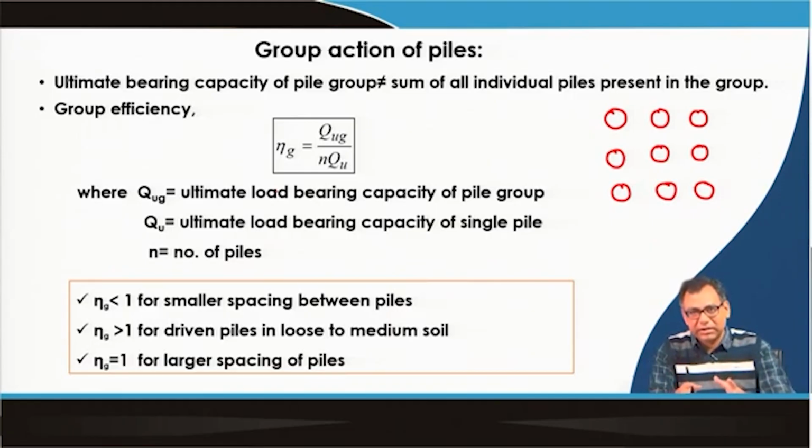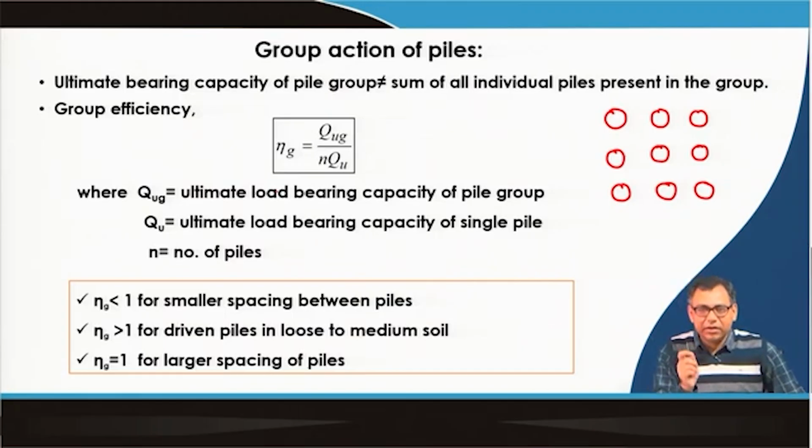There will be more compaction effect because of the surrounding piles and the soils within that zone. So, the soil strength in the group pile condition will be more, the density of the soil will increase due to the compaction, and the group efficiency will increase.